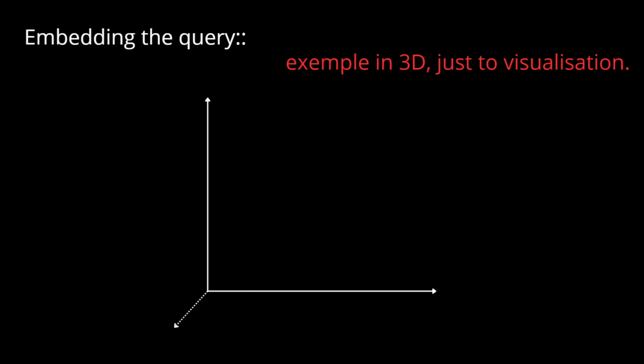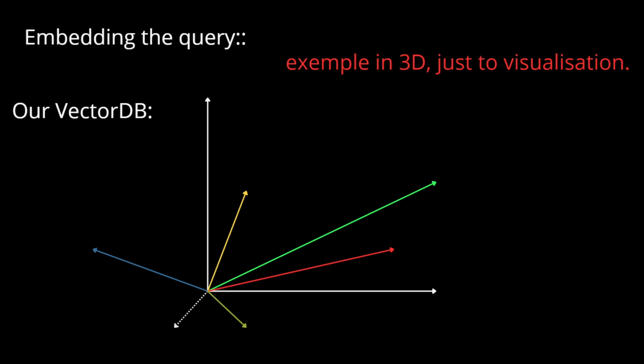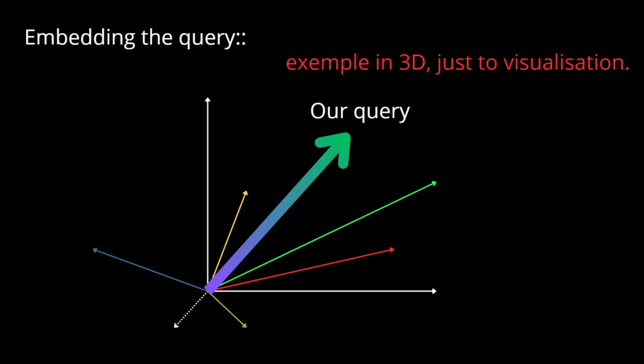Okay, so now let's work on the second part of the RAG. So this is an example. Let's say we work in 3 dimensions. This is not true because we work in a high-dimensional vector space, but this is just for visualization. Let's say we have our vector database here with some vectors in yellow, red, green, blue, etc. Let's say this is the query.